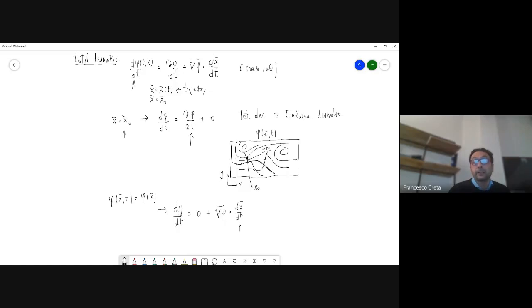The gradient, which is normal, is always this way, and the trajectory, they're at right angles, and so this term will be zero. So if I'm running on a path that is at the same elevation, obviously the rate of change of the elevation is clearly zero.